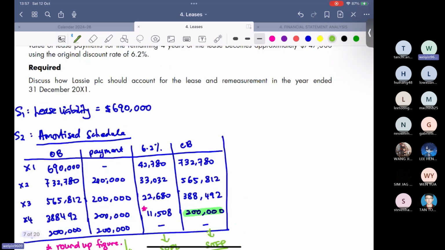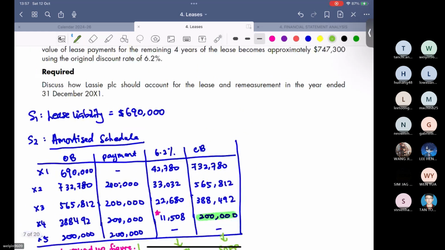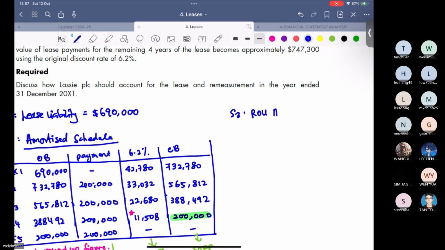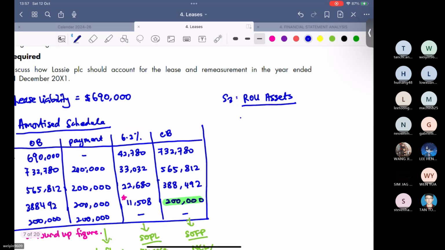Then we have step 3. My ROU asset will be equal to 690,000 plus 200,000. Why 200,000? Because at the beginning of the year, you already made the payment. So it makes sense.